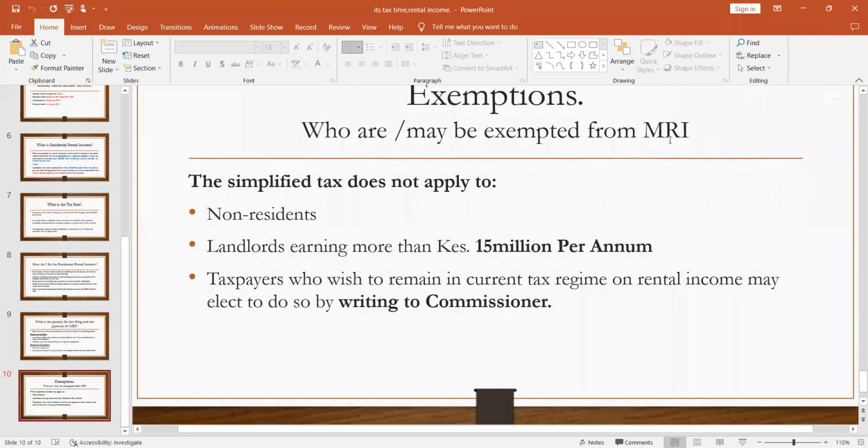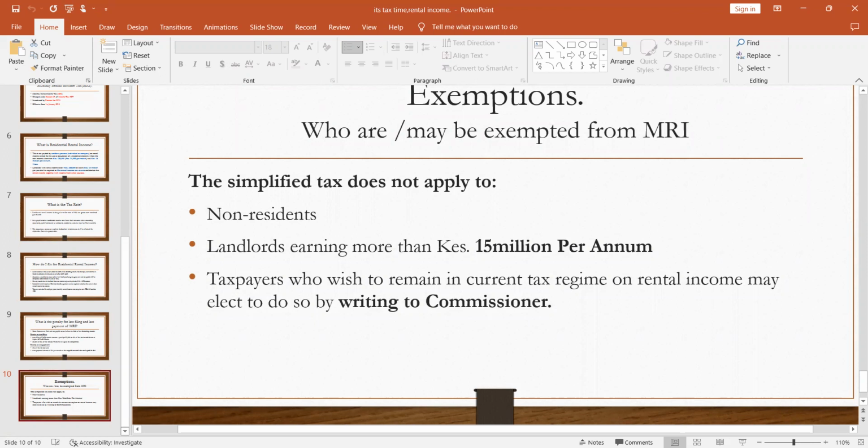But if you earn between 288,000 and 15 million, then automatically you qualify to be added to monthly rental income tax, which is 24,000 to 250,000 per month in between. That is on a monthly basis. Then you qualify to be under the monthly rental income tax.